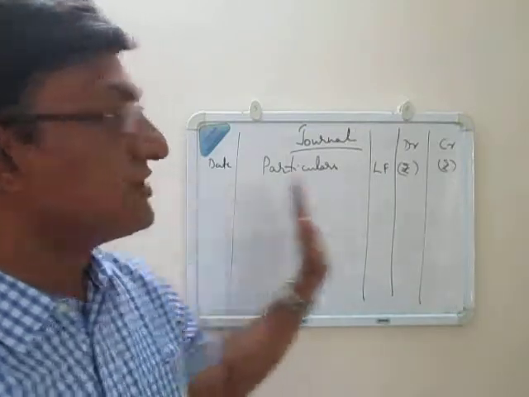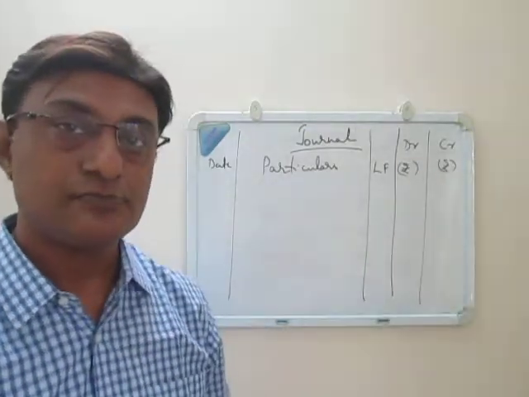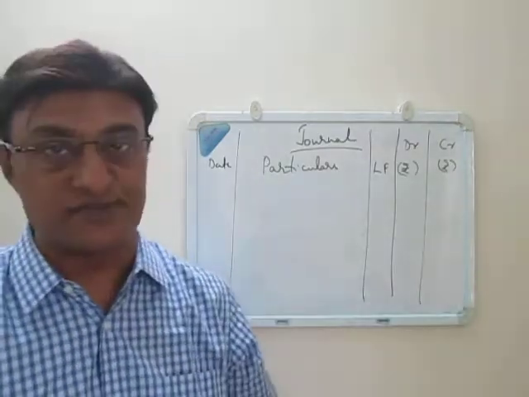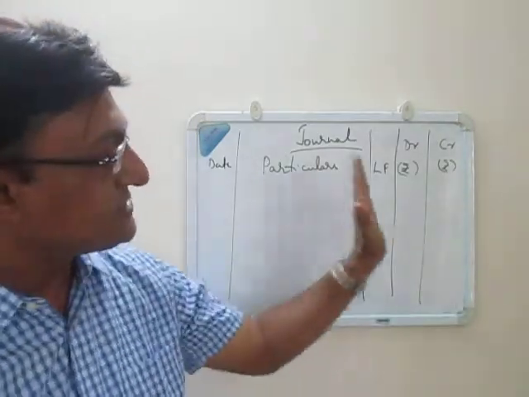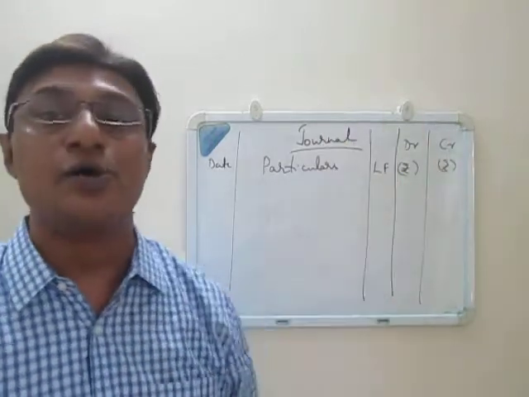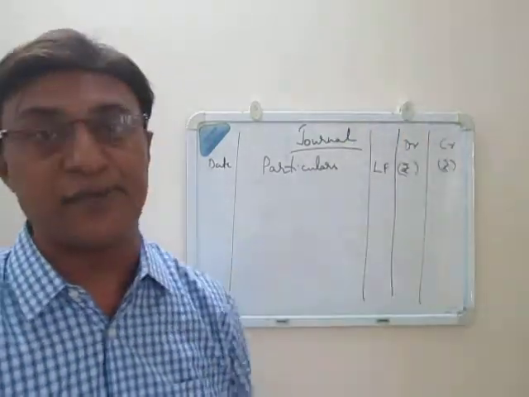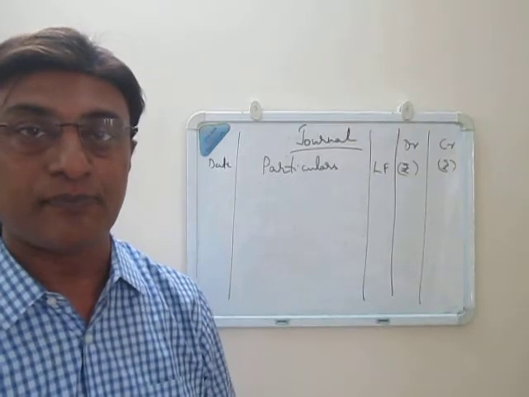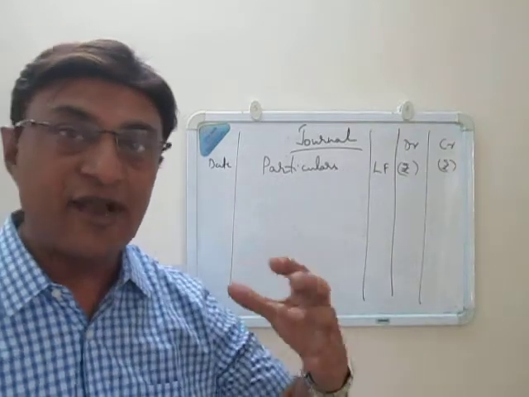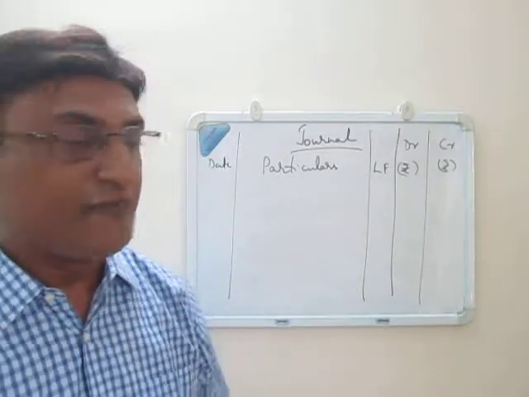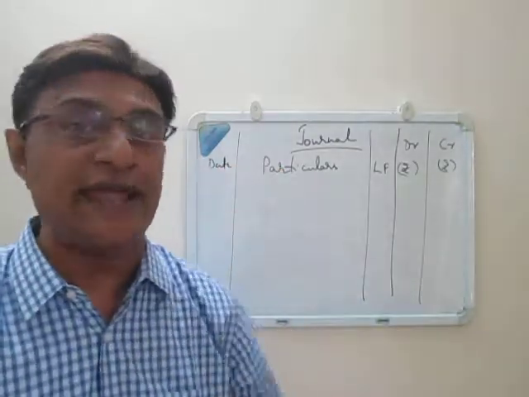This is how a journal looks. So a page is divided into 4 or 5 columns with the date, particulars, ledger folio, rupees. Debit appears first, credit appears next. So after identifying the debit and credit, we pass a journal entry.